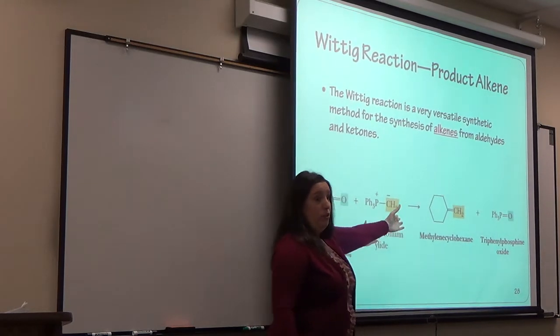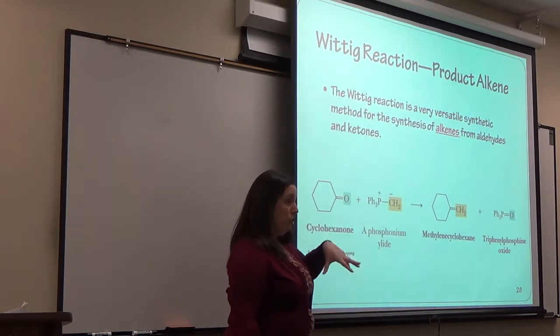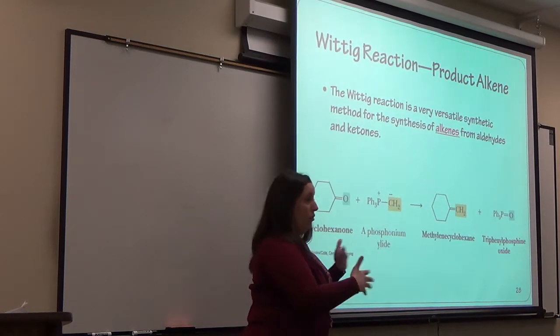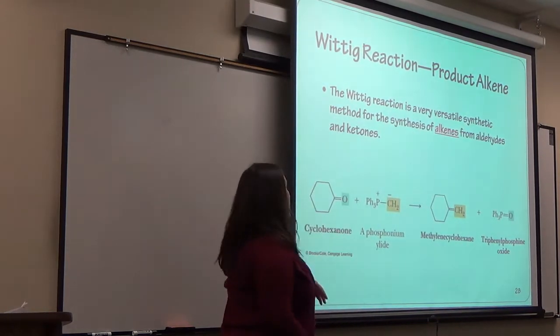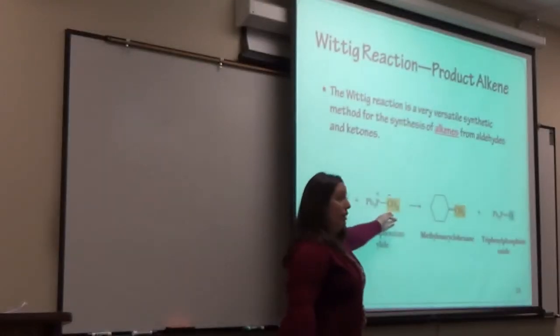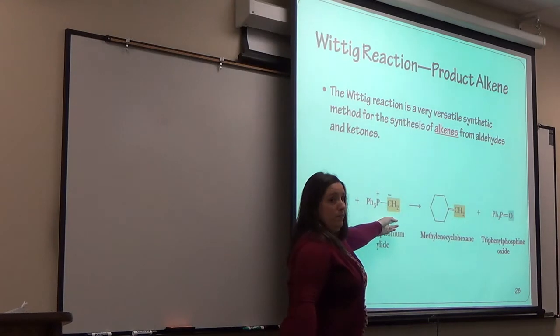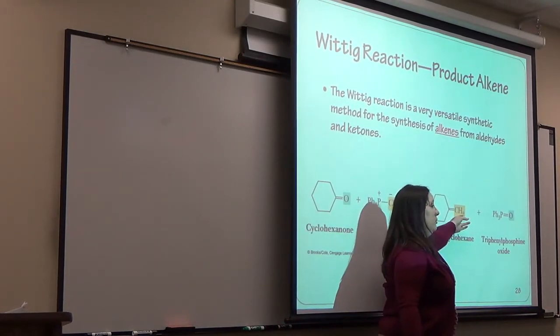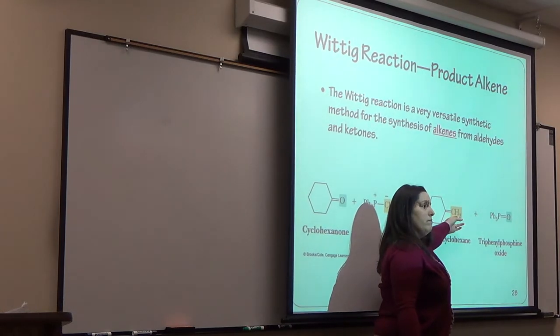Remember those? They're not carbanions because it's a carbon with 2 hydrogens and a negative charge, so it's a carbon without all the valence electrons. This is a type of carbon we've already talked about. But they are nucleophiles. Look at the negative charge. So guess what the alkene is going to have? A nucleophile.